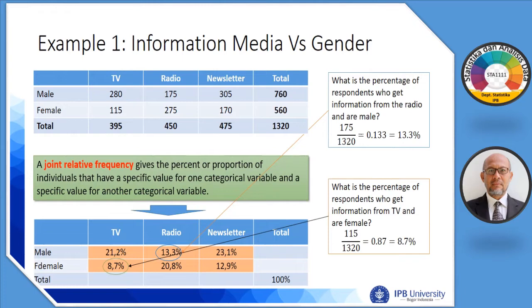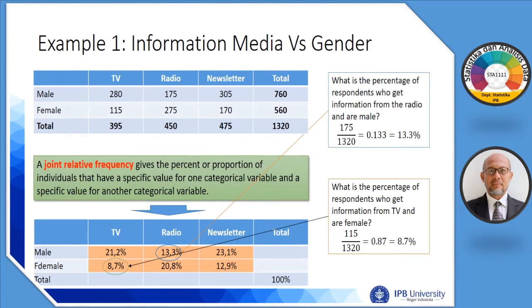Okay, let's first talk about joint relative frequency. A joint relative frequency gives the percent or proportion of individuals that have a specific value for one categorical variable and a specific value for another categorical variable. So look at the contingency table above. For example, for the combination of radio and male, what is the percentage of respondents who get information from radio and are male?